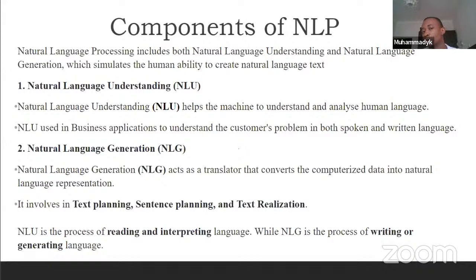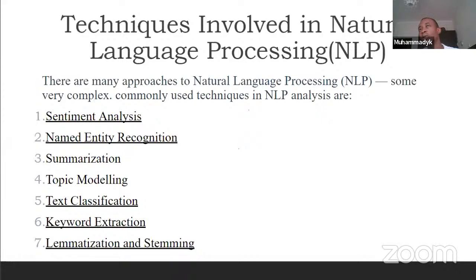So yeah, we now know what the components of natural language processing are. So we'll move forward to the techniques that are involved in natural language processing. What are these things that we can do with natural language processing? I know most of us are curious at this moment. So yeah, there are many approaches to natural language processing.